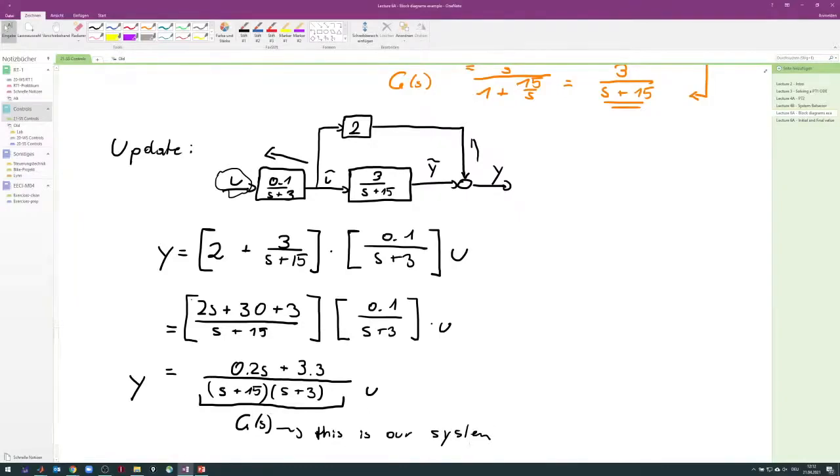This is a system in the frequency domain or in the Laplace domain. What stands behind it is an ODE in the time domain, right? This is always important to note.